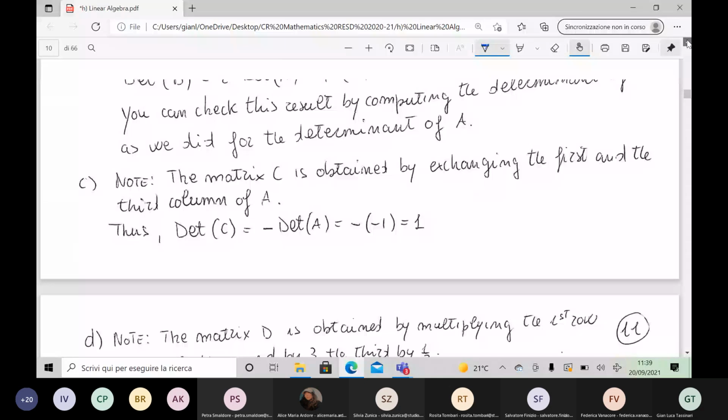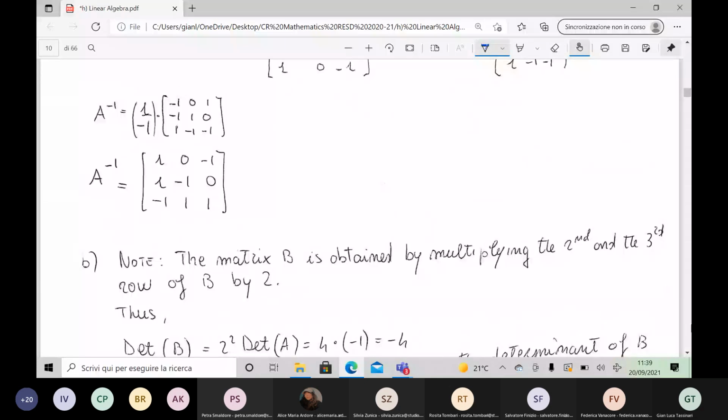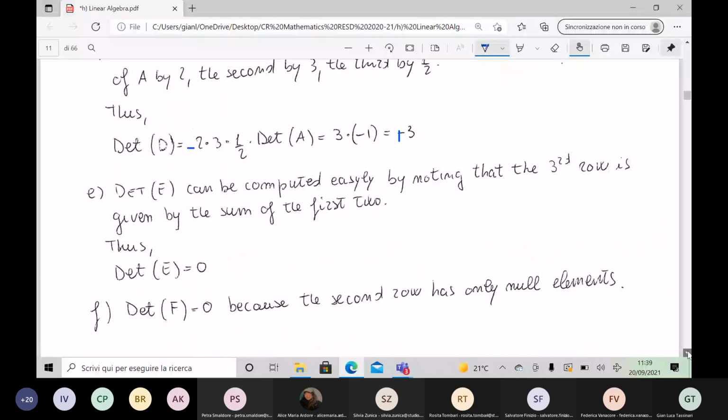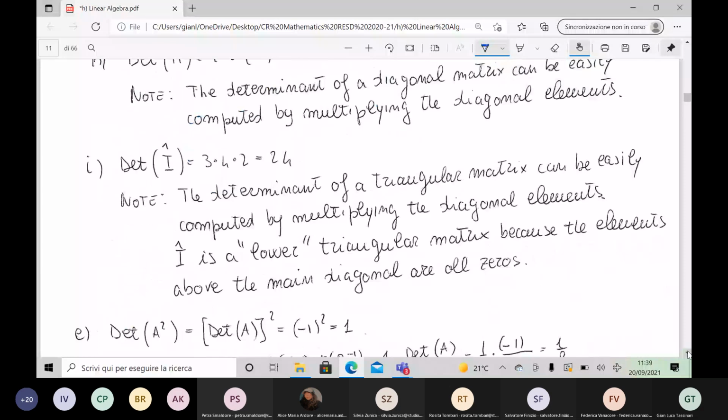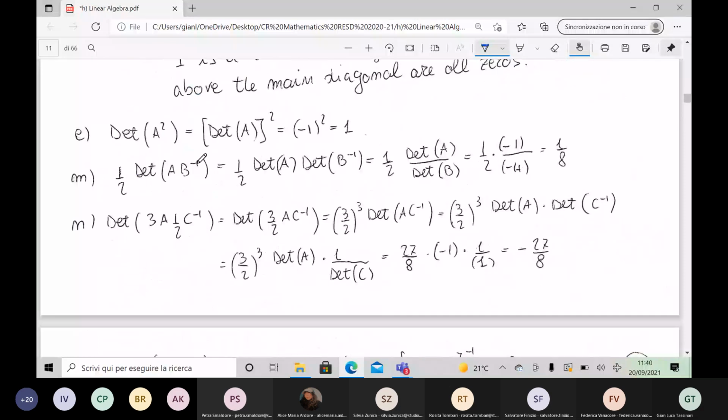Remember, we computed it at point B. So guys, first of all, you have to ask yourself, does B to the minus 1 exist? Yes, because we computed the determinant of B and it was minus 4, different from 0, so the inverse exists. Does this product exist? Yes, because this is a 3 times 3 matrix and this is a 3 times 3 matrix, so this product is a square matrix of order 3. Remember, you can compute the determinant only for square matrices.